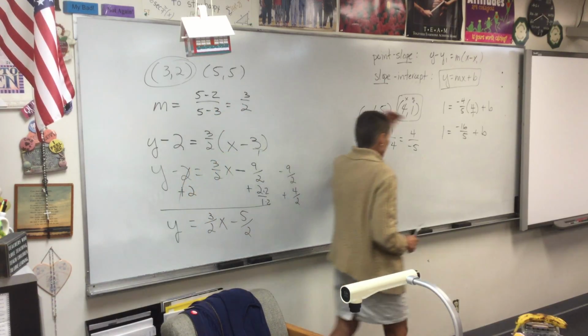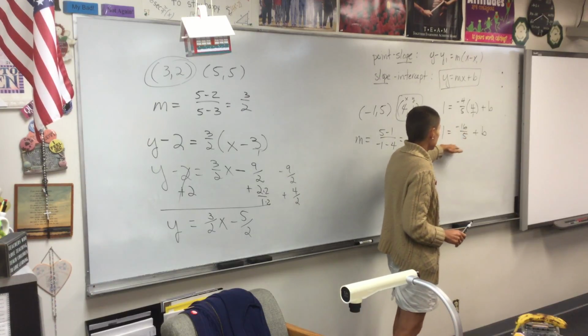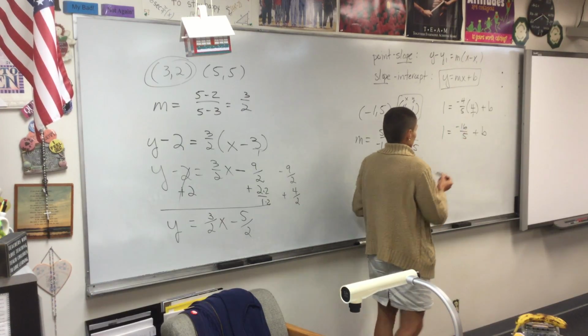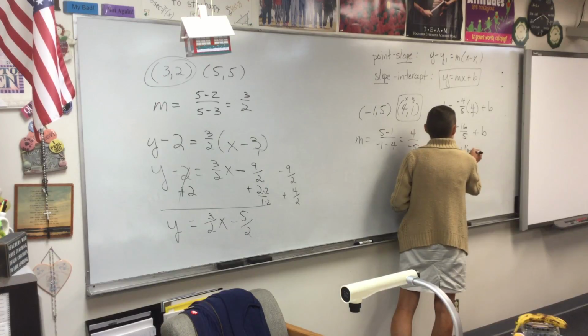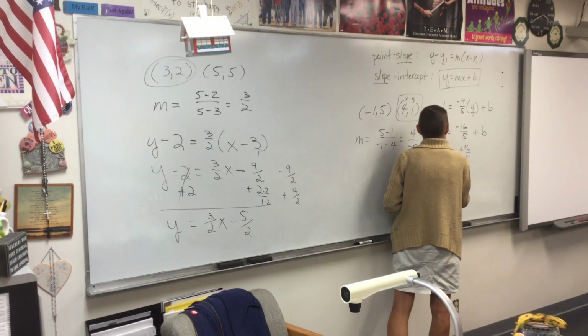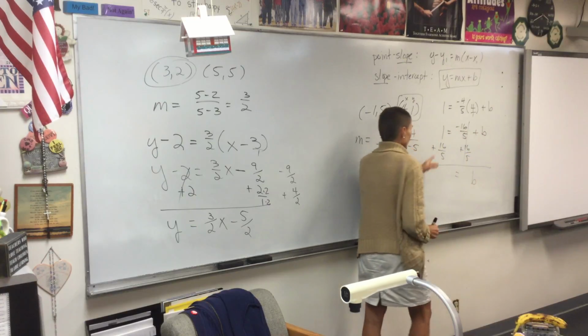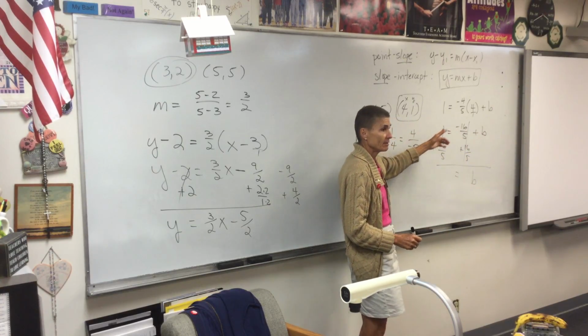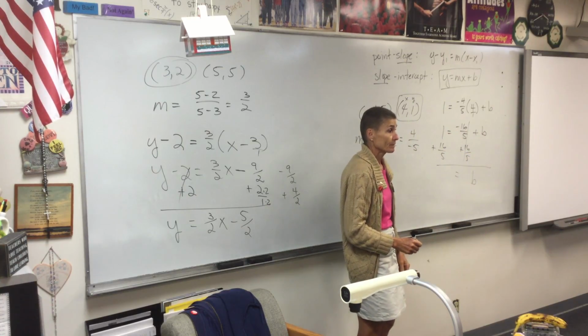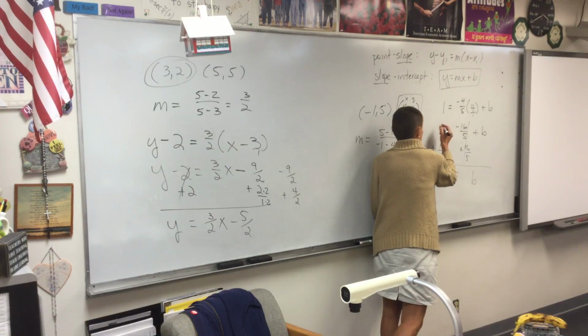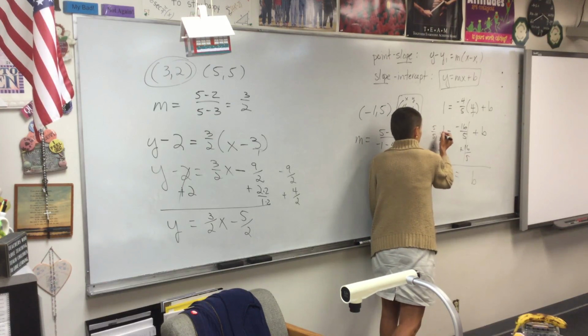All right, what do I do here? I'm still trying to figure out what my b is. Add 16/5. Okay, we're back to where we were a minute ago. I need a common denominator, right? 1 is 5/5.